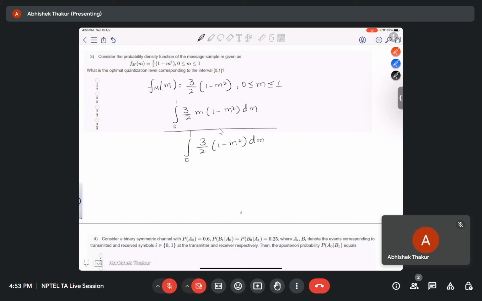Now when you do this integration, the numerator part will be 3 by 2 integral of (m minus m cube) dm, divided by 3 by 2 integral of (1 minus m squared) dm.